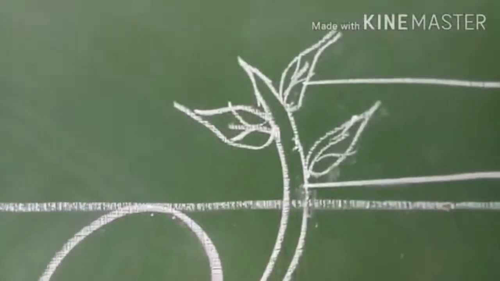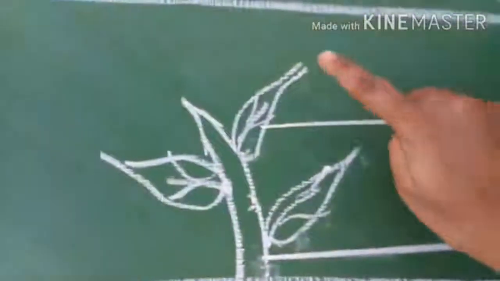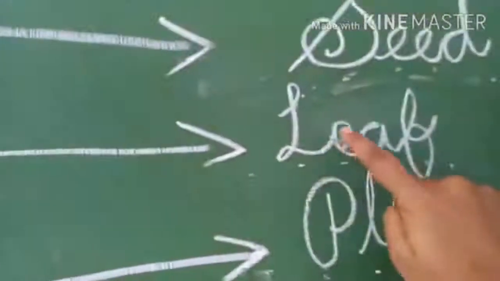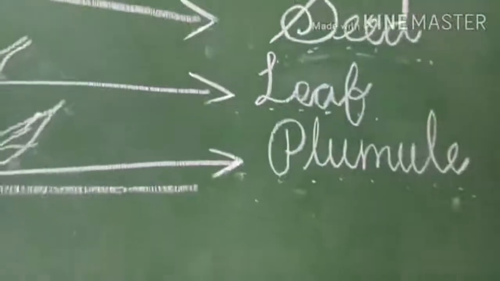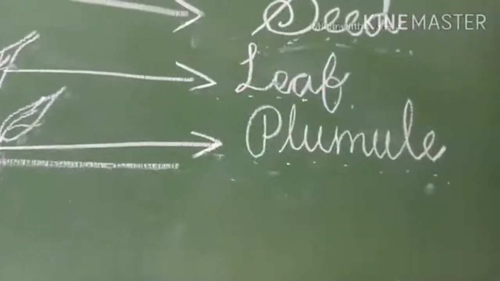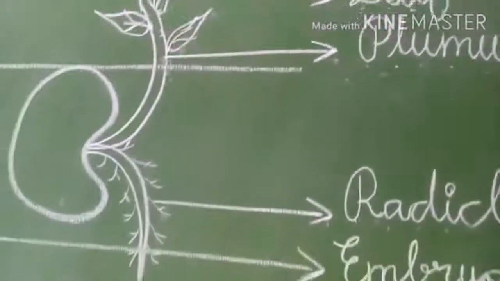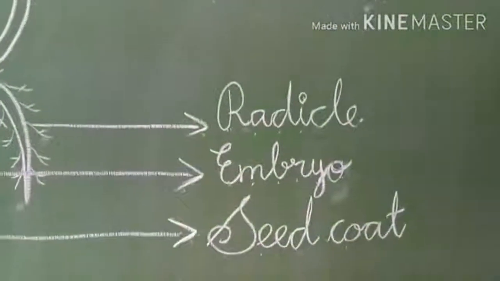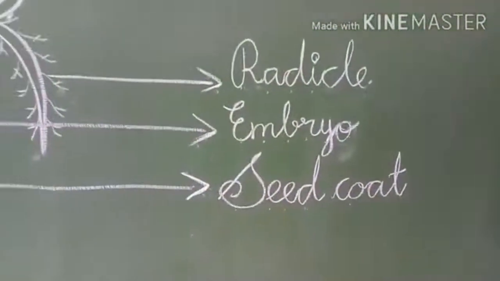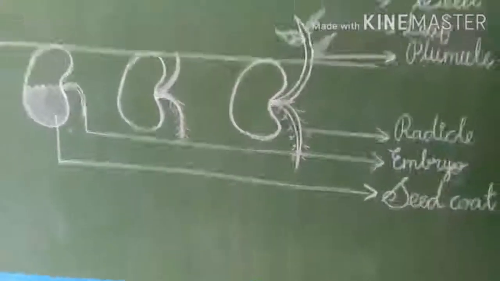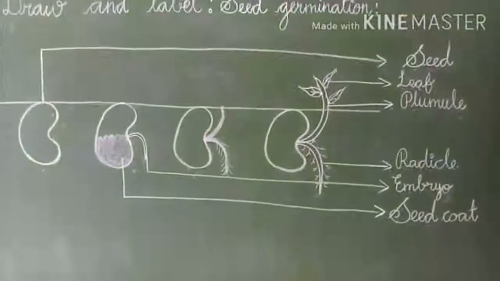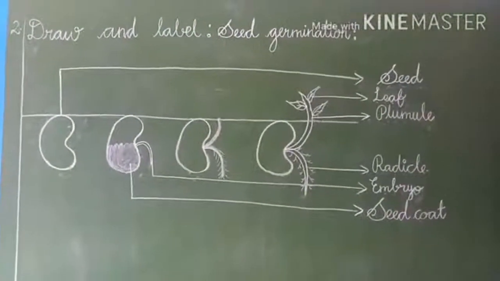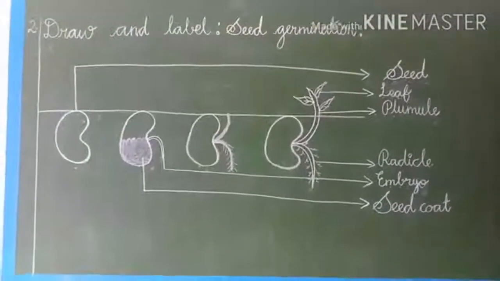Plumule means baby stem and it bears leaves. So what are the parts? Seed, leaf, plumule, radicle, embryo, and seed coat. So children, copy and write in your classwork. Thank you, children.